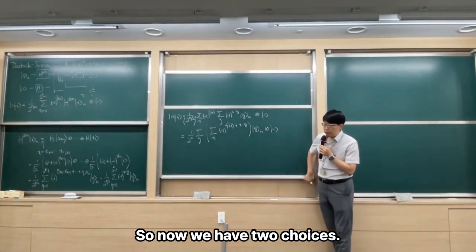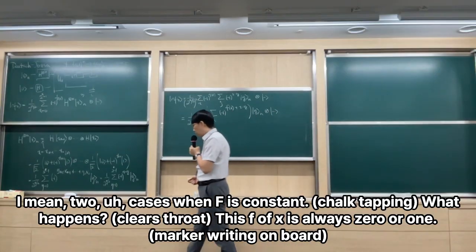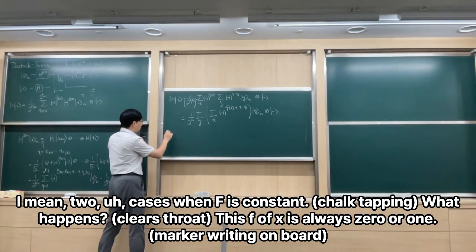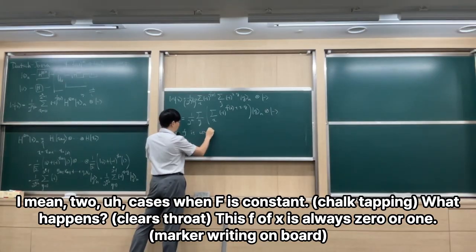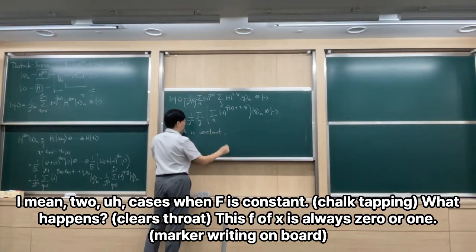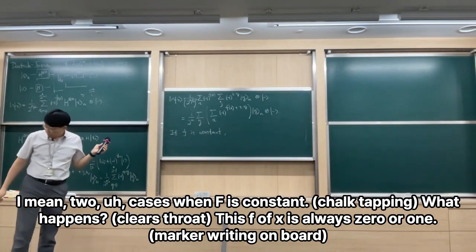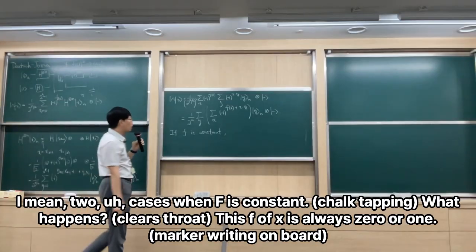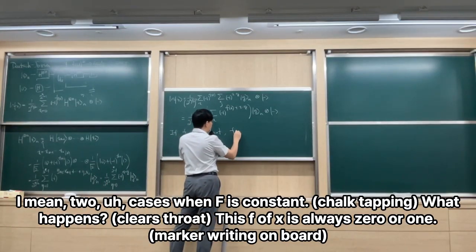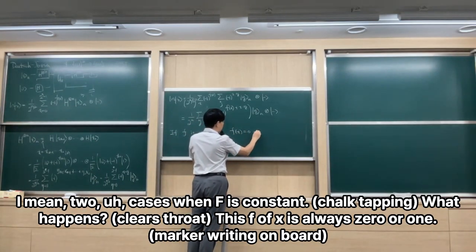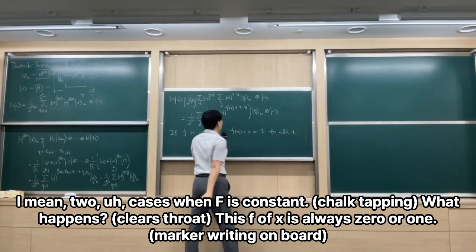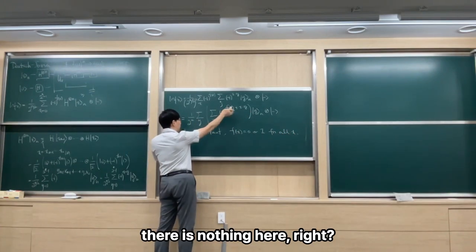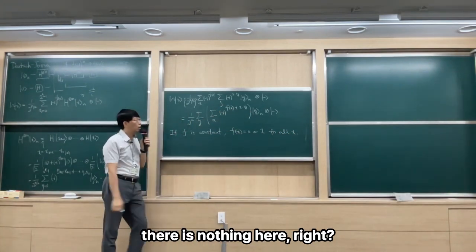So now we have two cases. When f is constant, what happens? This f of x is always 0 or 1, so you can just ignore it, there is nothing here, right?